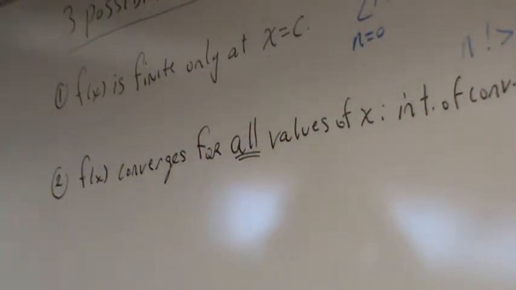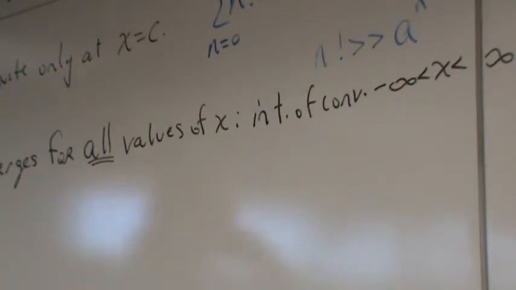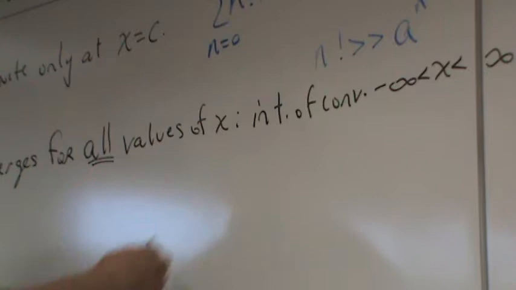So there's some incredibly convenient power series where you can plug in any value of x you want, and you're going to get something that's finite. An example of that is e to the x, you know?